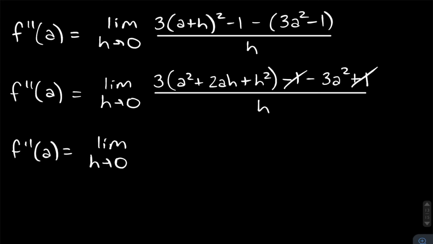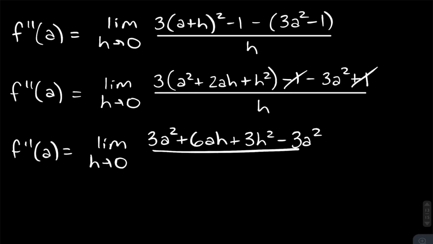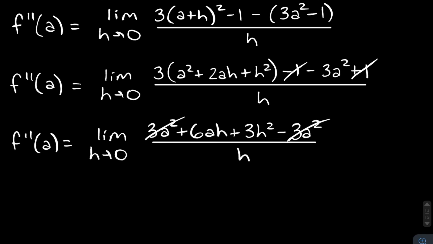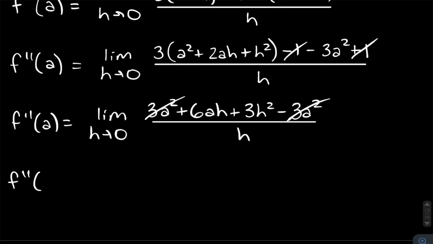Still going here, we can distribute through that 3, and so we get 3a squared plus 6ah plus 3h squared minus 3a squared, all over h. And would you look at that? The 3a squareds cancel off, and so all we're left with is things with h's. That's what's always going to happen. We get rid of the h's right here. This becomes just a regular h, and then that goes away. So this becomes 6a plus 3h.